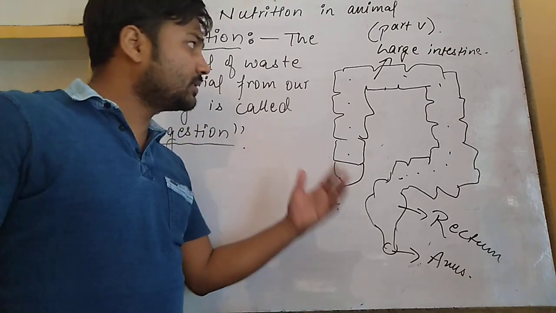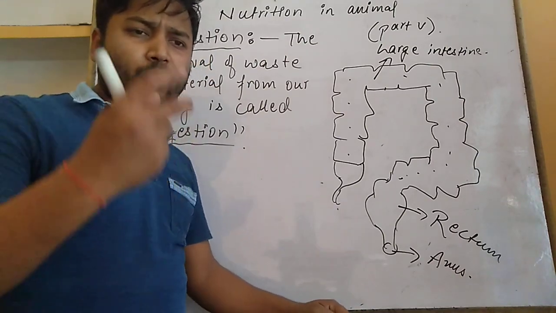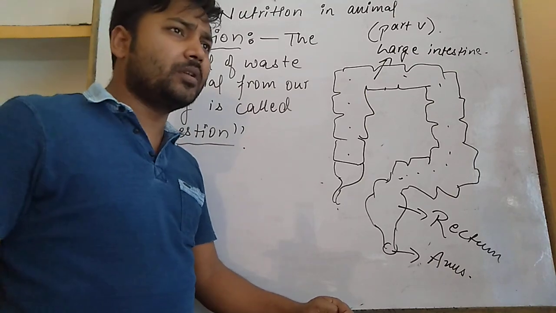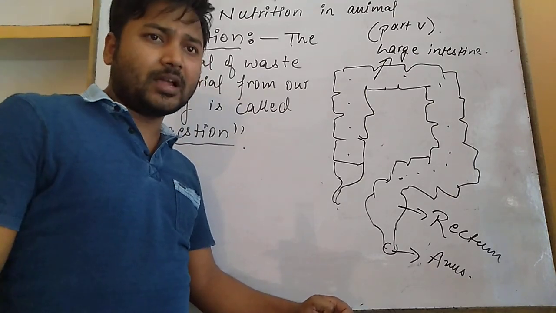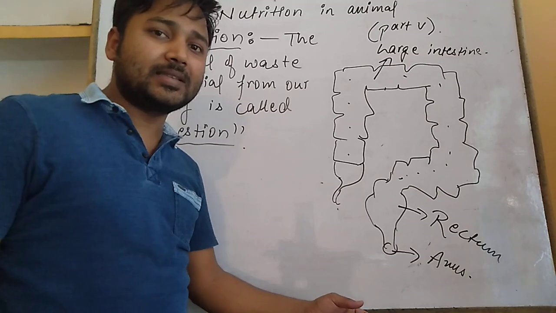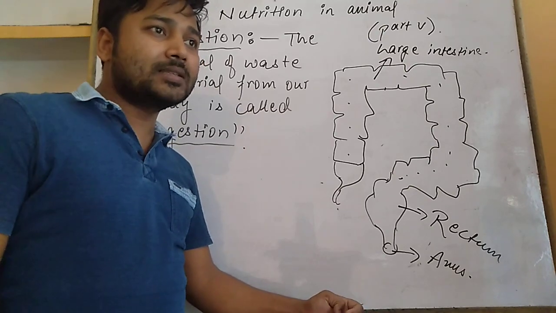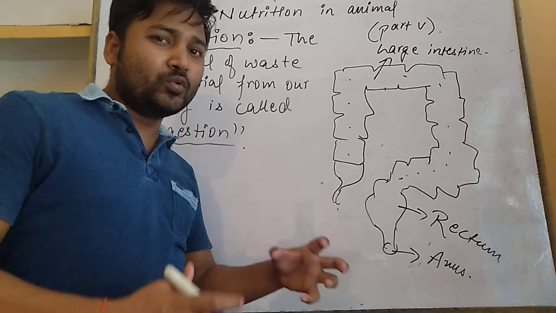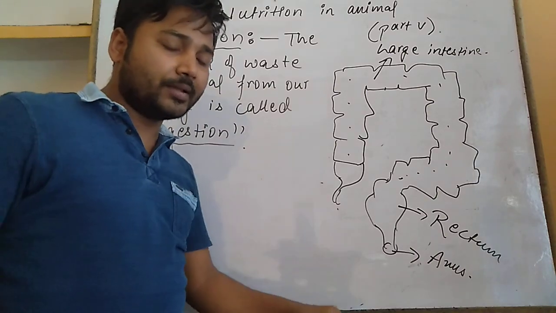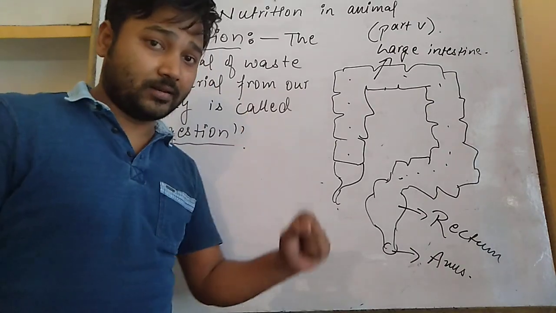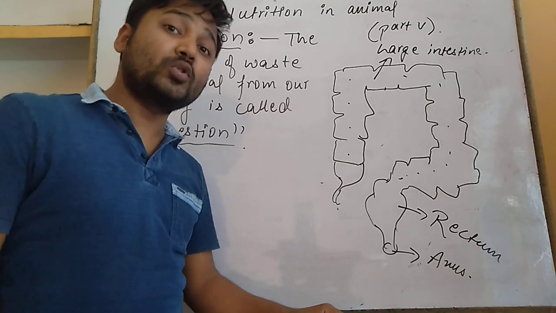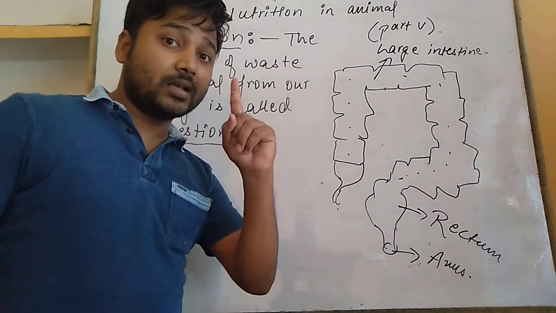Now we will start with one example, amoeba: how the nutrition process takes place in amoeba, and how it gets nutrients and forms energy in its body with a single cell, because unicellular organisms are those organisms which have a single cell.